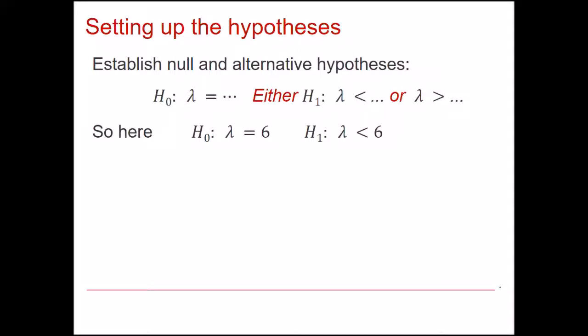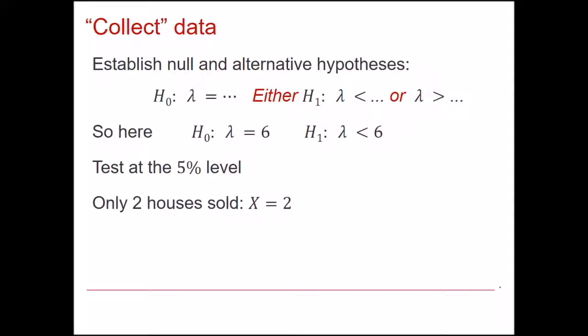We're asked in the question to test at the 5% significance level, but we could set this at any level if we weren't asked for a specific one. What we've observed is that in this October only 2 houses have been sold, so our random variable x is equal to 2. And what we want to do is calculate the probability that if lambda is equal to 6, what's the probability of getting less than or equal to 2?